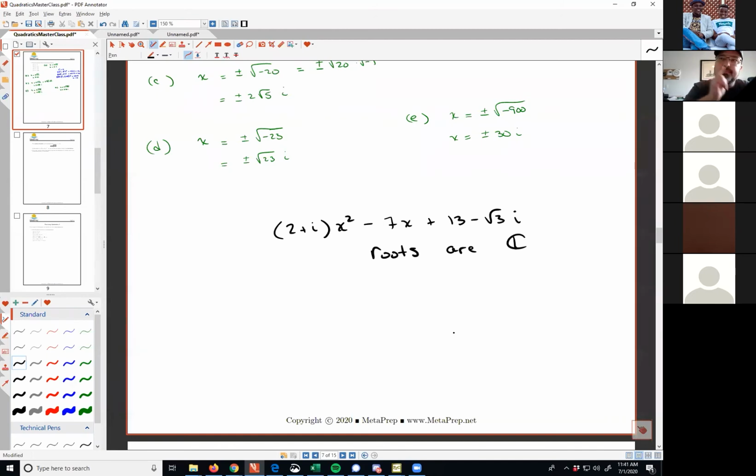Now remember, if I wrote this equation with this expression, if I wrote a quadratic expression using just real numbers as coefficients, it's not necessarily true that the roots are real numbers.